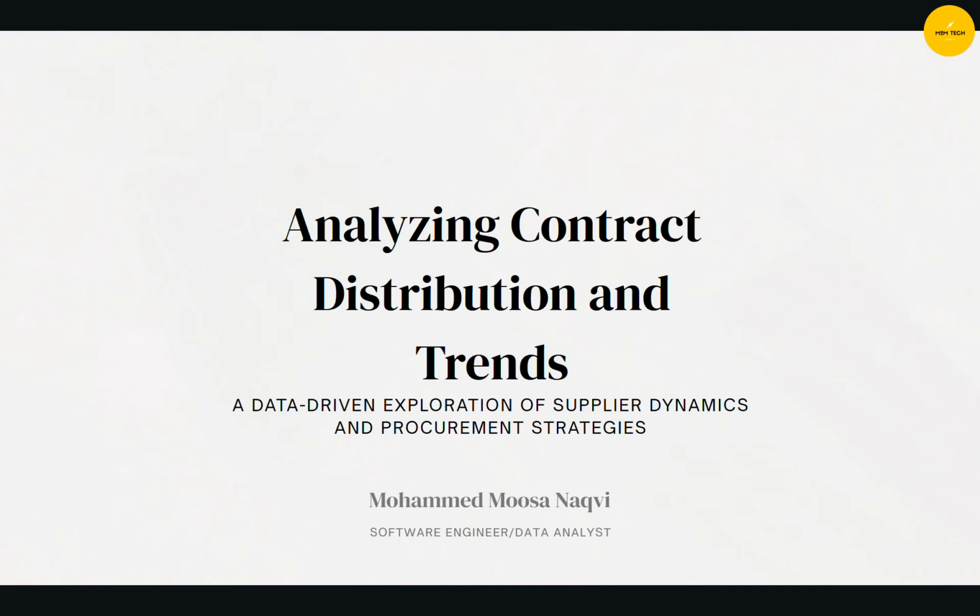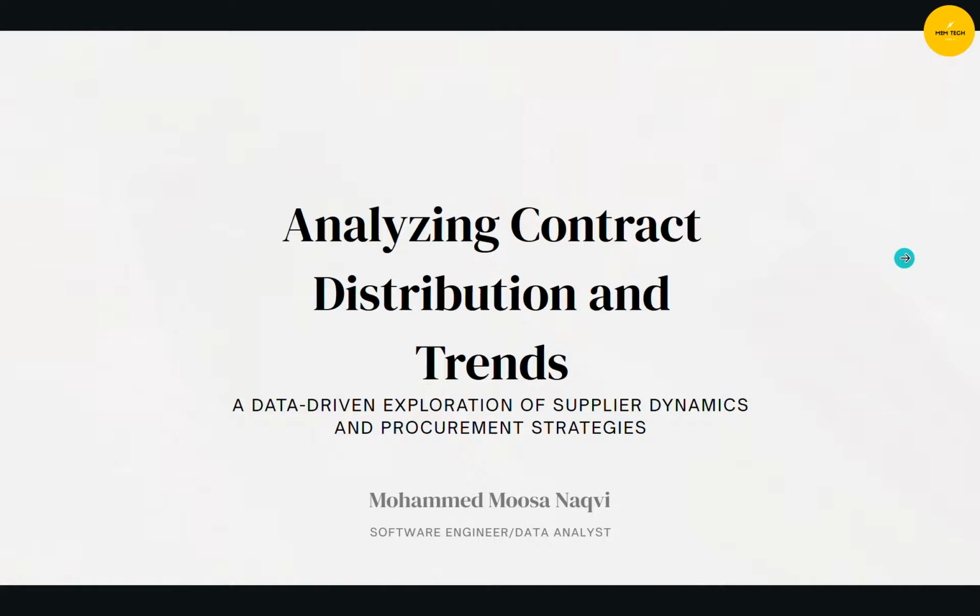The way the Canadian government chooses sellers is by bidding, or by online bidding. So in this Capstone project, we are trying to analyze those contracts, their distribution and trends, and see if we can get something meaningful out of it.